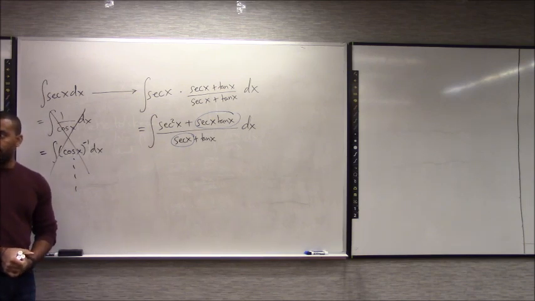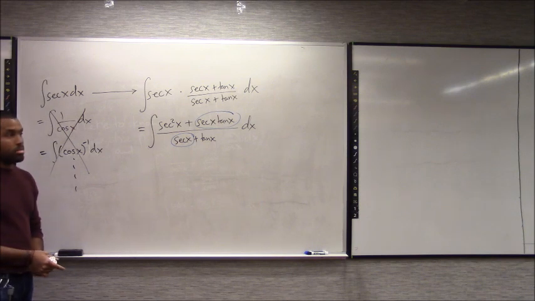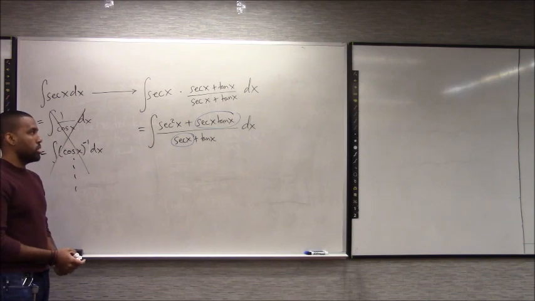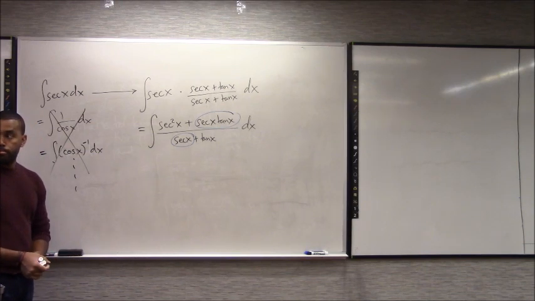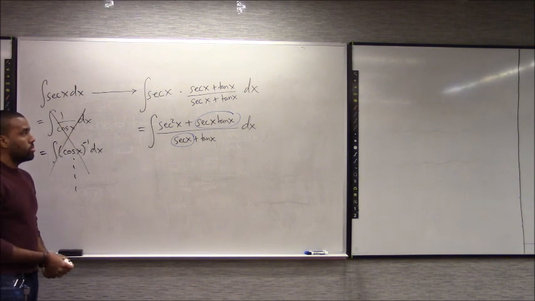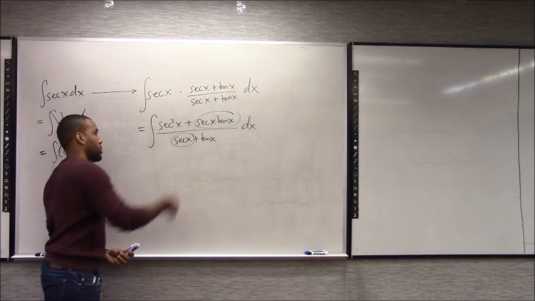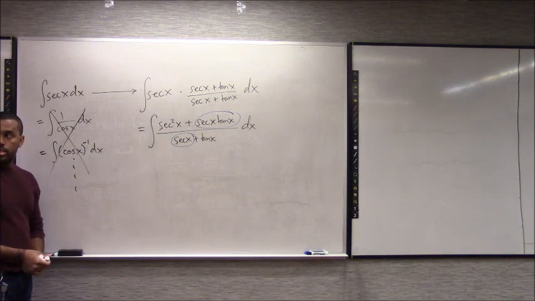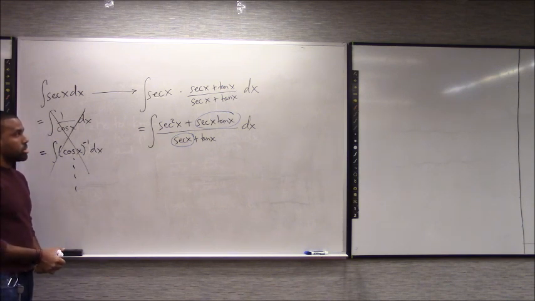You have an idea? Maybe split the fraction, so it's like secant squared x over secant x plus tangent x, plus secant x tan x over secant x plus tangent x. Okay, and how would you do the first one? If you look at this fraction, would you use another trig identity?